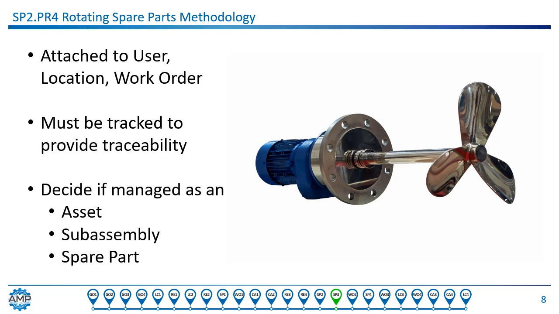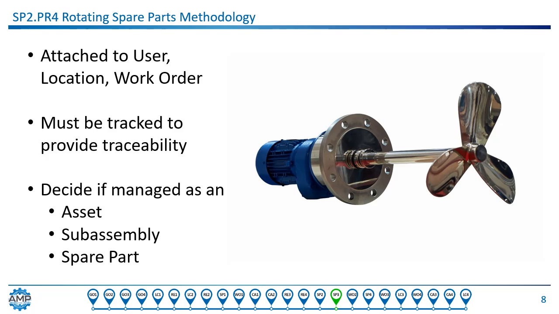Examples are moving from one location to another, with each move documented in the CMMS. Another might be assigning it to a user, such as an expensive specialized tool that needs to be checked in and checked out. A rotating spare can be assigned to a business unit, or even attached to a work order. The point is, whatever we call it, we have to know where it is in real time, all the time.